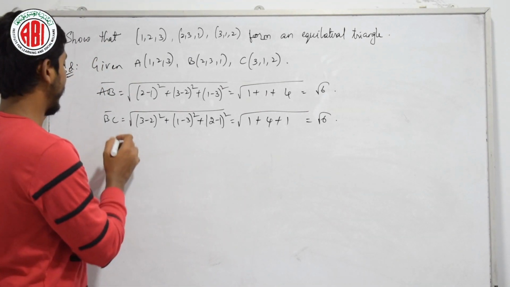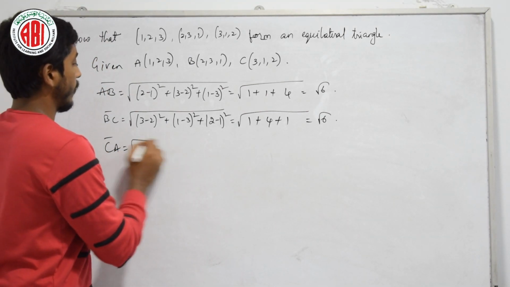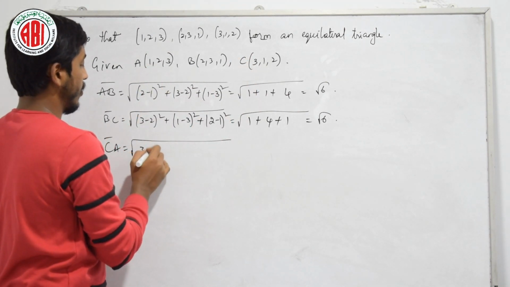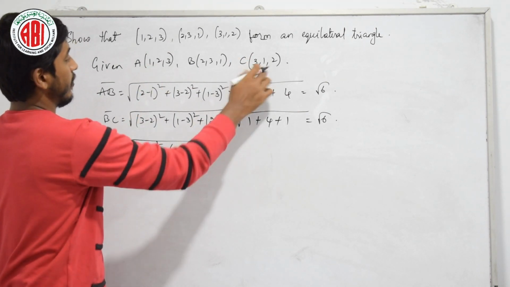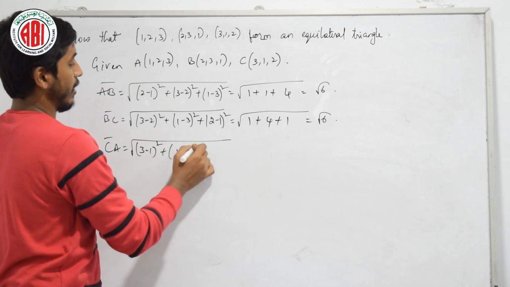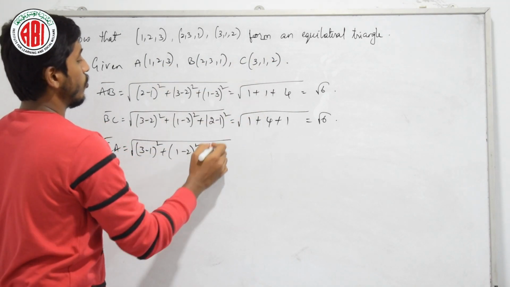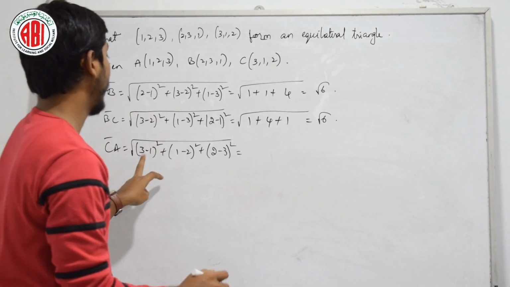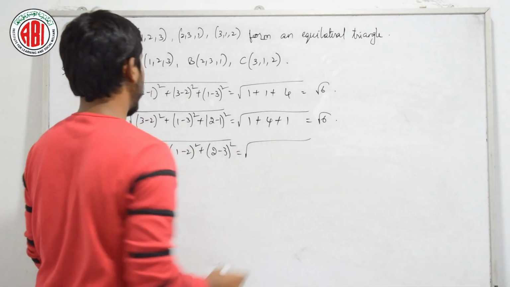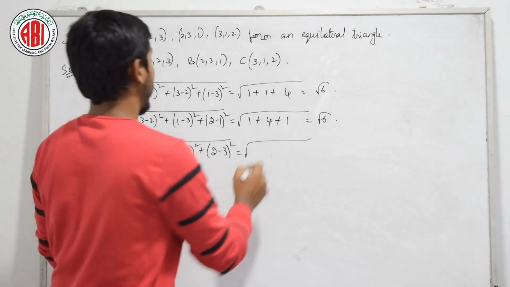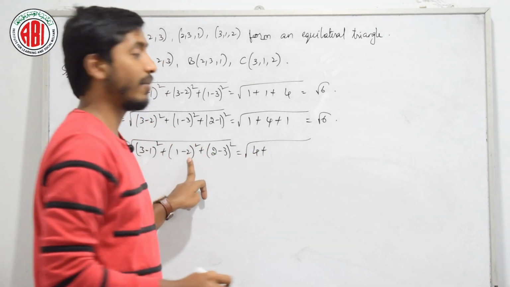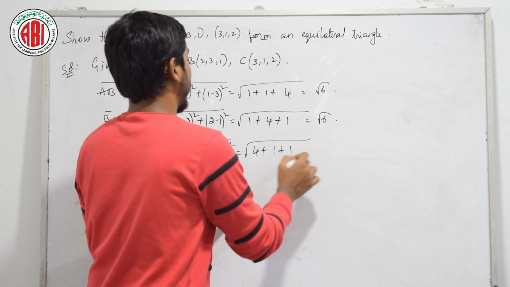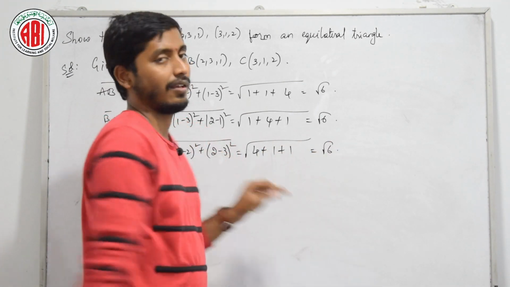Now the third one is CA, right? CA or AC, again these 2 points, (3 minus 1) whole square plus (1 minus 2) whole square plus (2 minus 3) whole square, isn't it? Now check, 3 minus 1 is 2, 2 square is 4, plus (1 minus 2) whole square is 1, (2 minus 3) whole square is 1, therefore this is root 6, right?